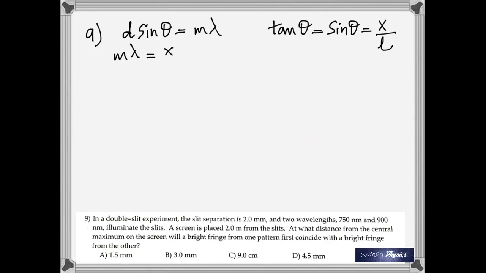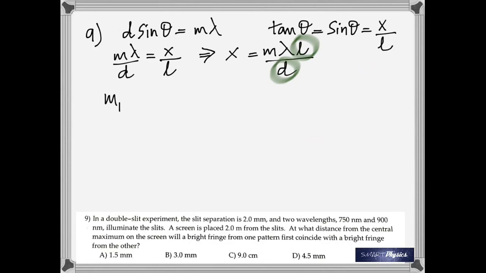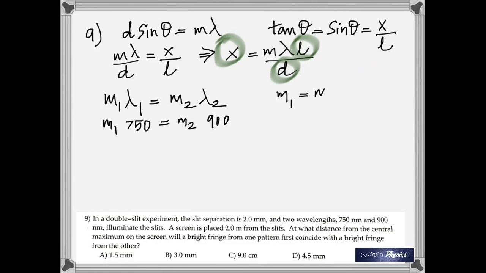We have this formula for, it's talking about brightness, so make x the subject. Now x must be the same, and D and L are the same. Therefore, from that we know the product M1 lambda 1 should be equal to M2 lambda 2. Yes. It's simply a ratio question now. M1 is M2 plus 1 because the problem says so.